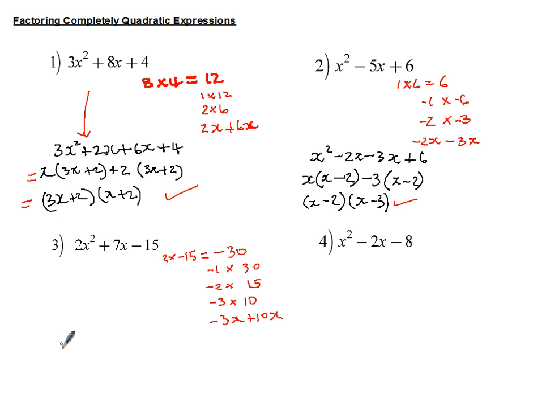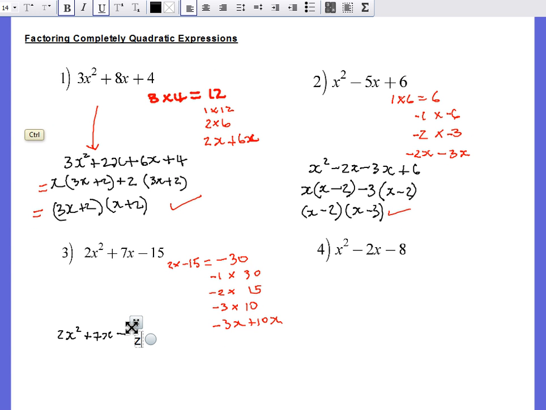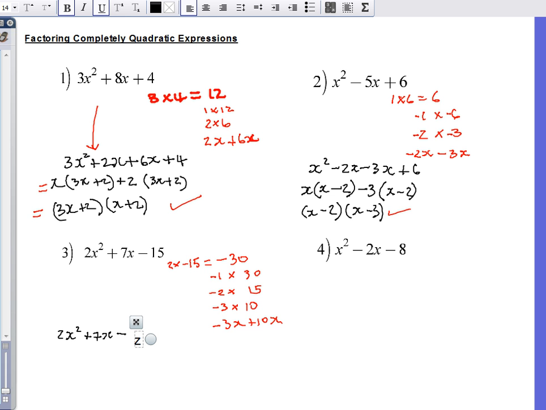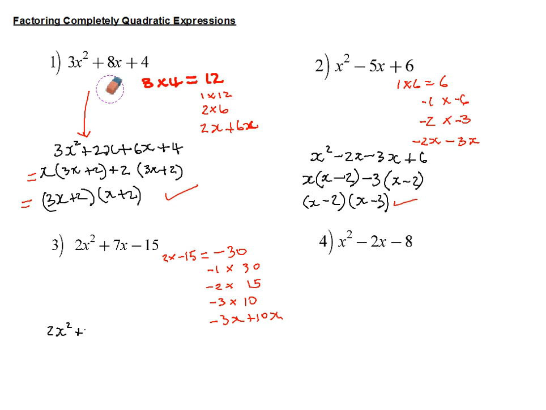So we rewrite 2x squared plus 7x minus 15. Sorry about that.